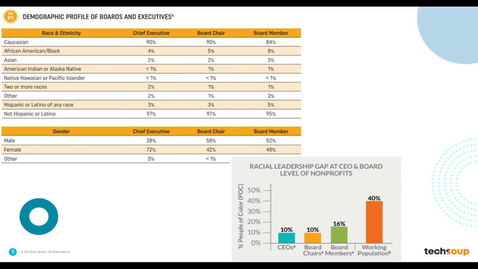So all that to say that the leadership within the nonprofit sector is not representative of the employee base, and it's not representative of the diversity of the populations they're serving either. And even if some effort has been made, and there's increasing attention paid to this, there's so far been little measurable change in recent years.